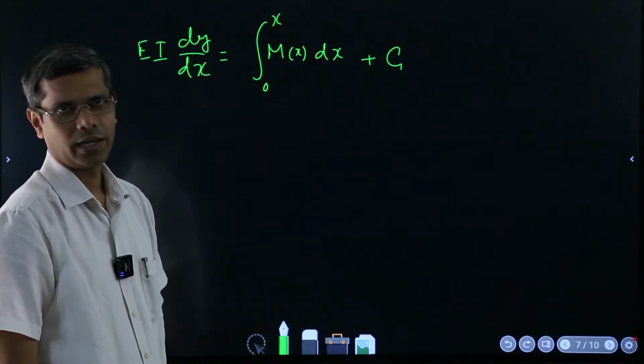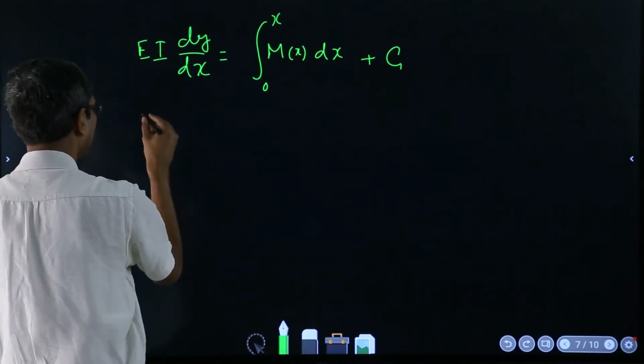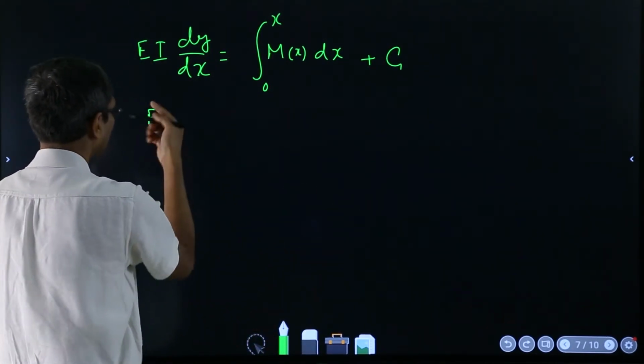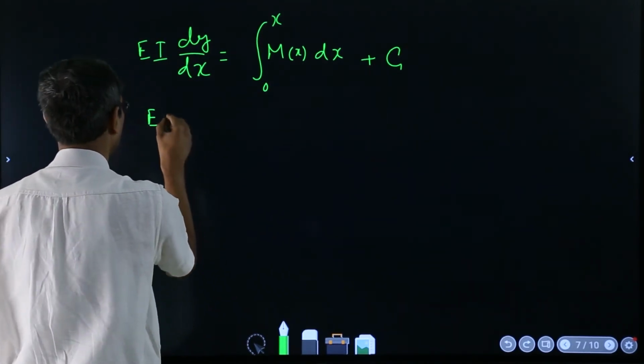Here I am assuming that E and I are constant, so they have come out like this.